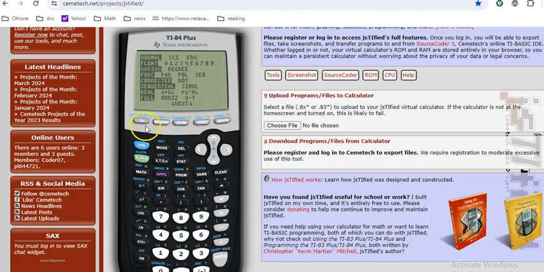Okay, change your mode back to radian and then do y equal. Sine x. So suppose I want to look at how sine x looks. And then I just do trigonometry 7.